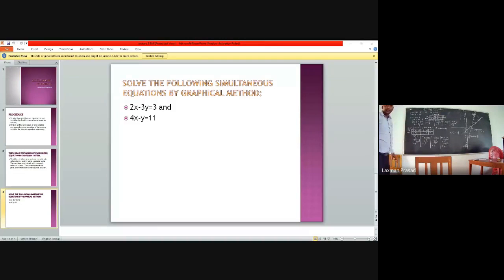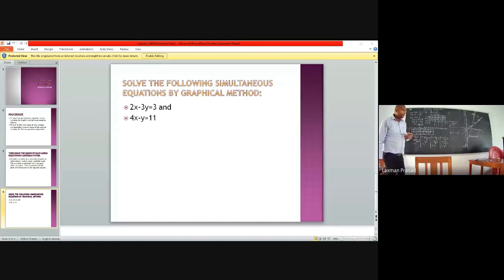Once again, I repeat the whole procedure. There are two equations given in the form of x and y.